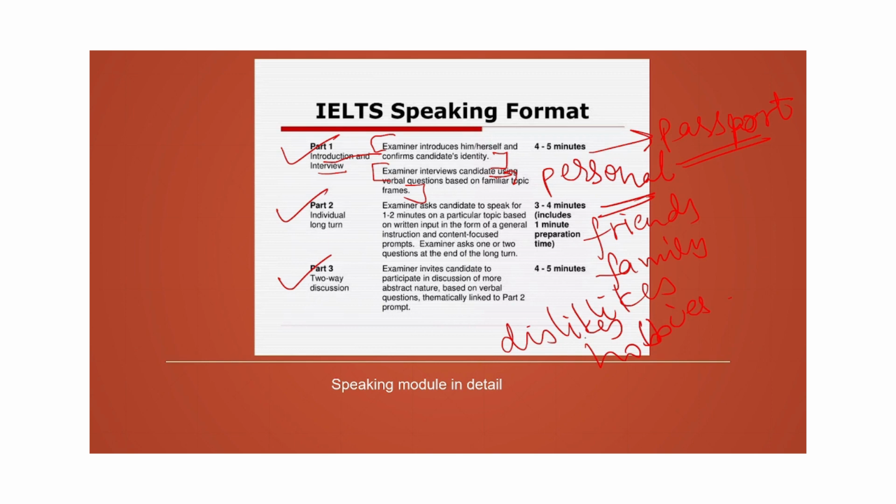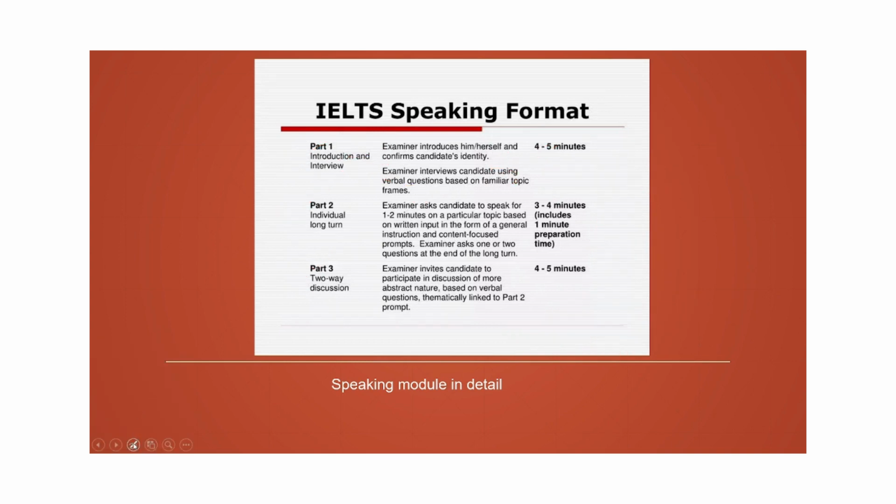It will be approximately 4 to 5 minutes, and these types of questions might take around 8 to 10 questions one after the other. So it's really difficult to answer 8 to 10 questions in series within just 4 to 5 minutes. You can see the approximate time.